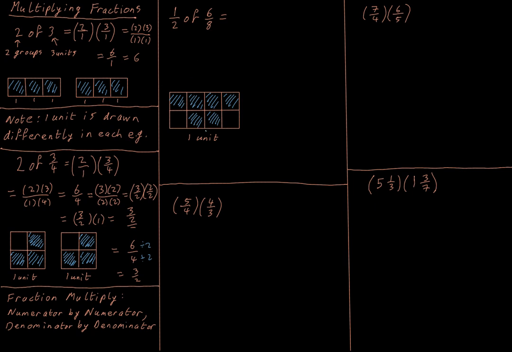So if I wanted to have half of 6/8, well, this is 6/8. If I only wanted half of them, I would take half of my shape. I would only take half of them.